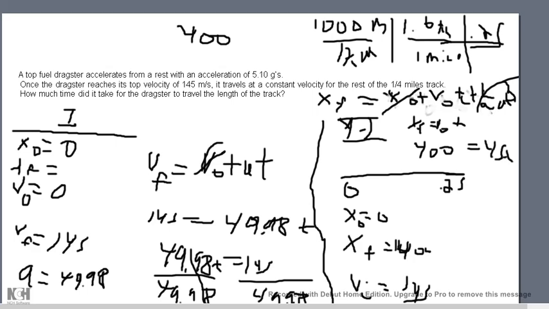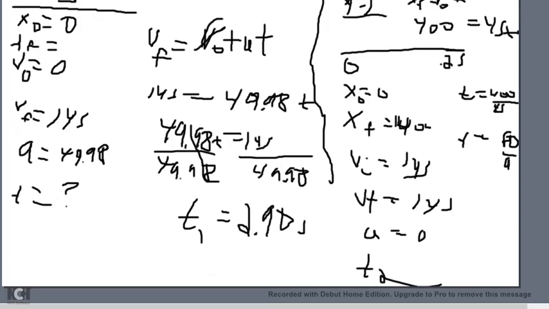So t equals 400 divided by 145. If I divide each of those by 5, I get 80 over 29, which should be about 2.something. Let's see what I get.